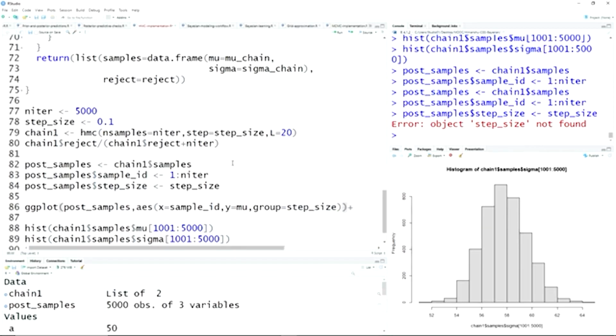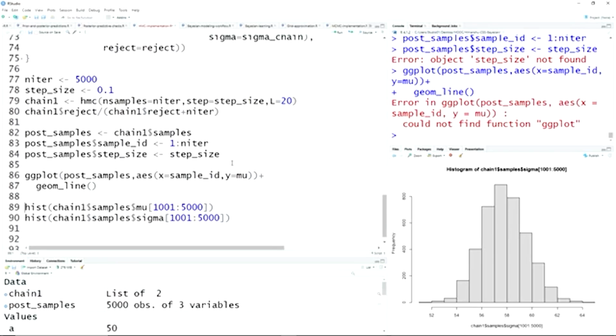You can, by the way, run multiple chains as well. Geom line. Okay, so let us see how the sampler evolves.